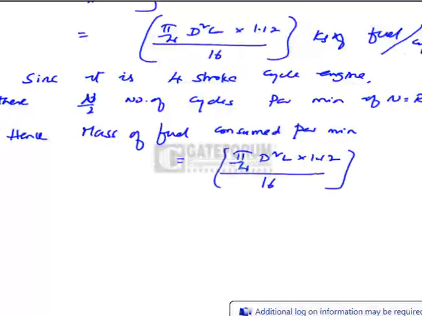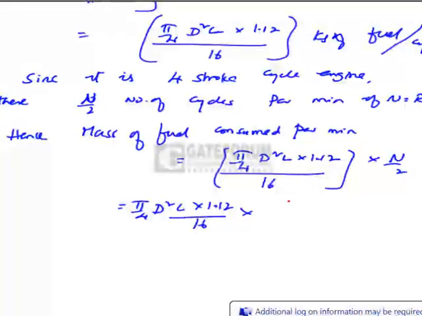This is the mass of fuel consumed per cycle into n by 2. This is equal to pi by 4 d square L into 1.12 by 16 into RPM, given as 4800 divided by 2, so many kg per minute.